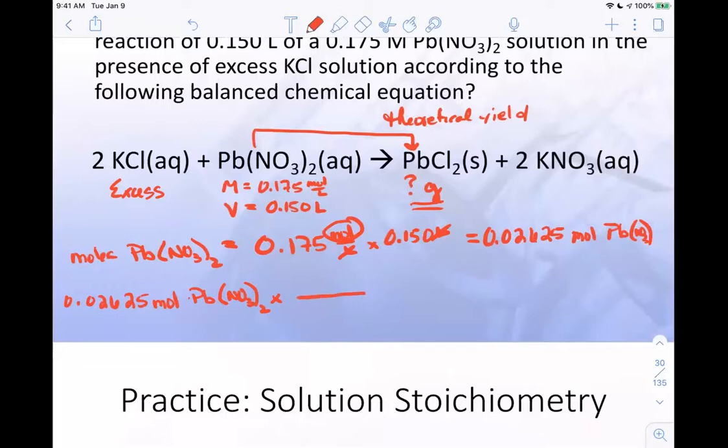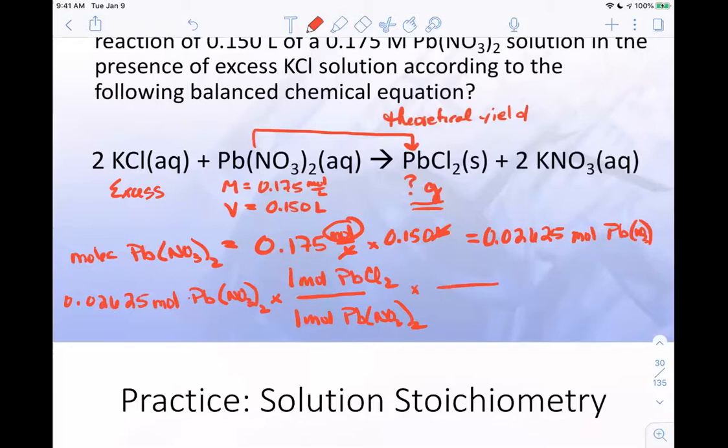And what I'm going to convert to is moles of lead chloride using the mole ratio. Well, for every 1 mole of lead nitrate, I make 1 mole of lead 2 chloride.